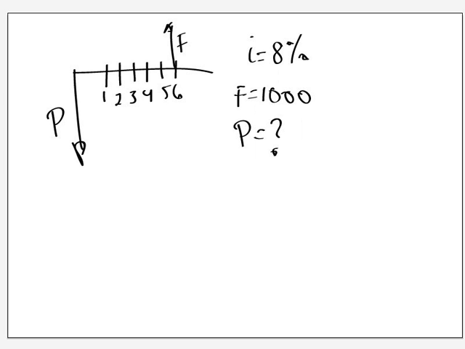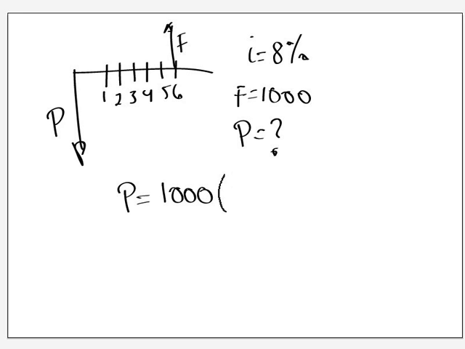So in this occasion, what we need to do is compute the present value, and the present value depends on the fact that we know that we will want $1,000 in the future.